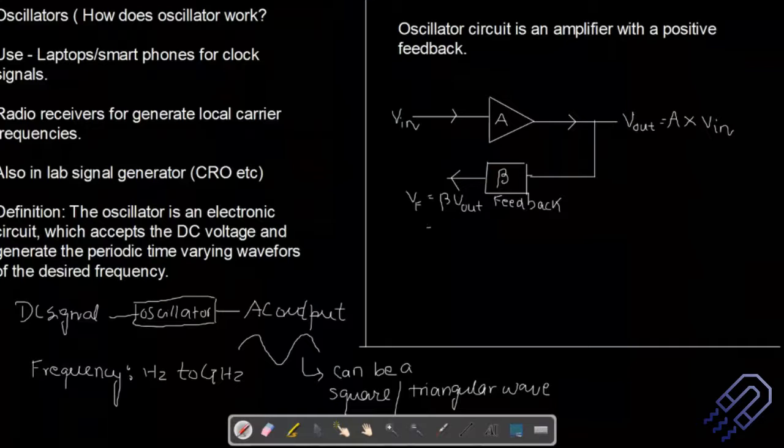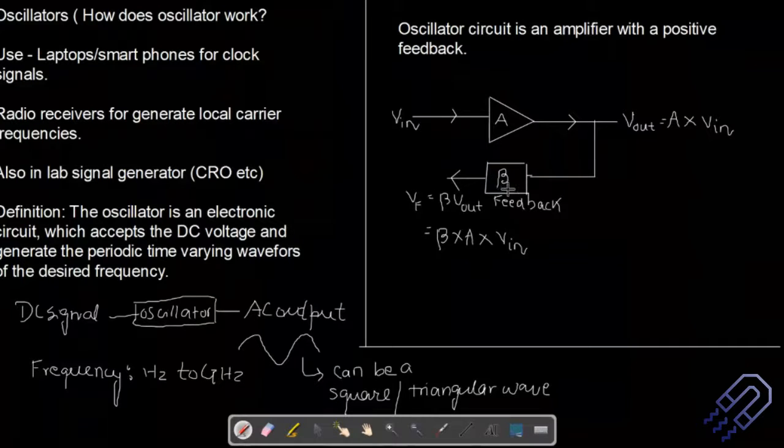So in general, we can simply write beta into V out, sorry, let's not write V out. What we can do is replace this relation for V out that we already have. So we have beta into A into V in. So this is the feedback that we actually have from this particular circuit.